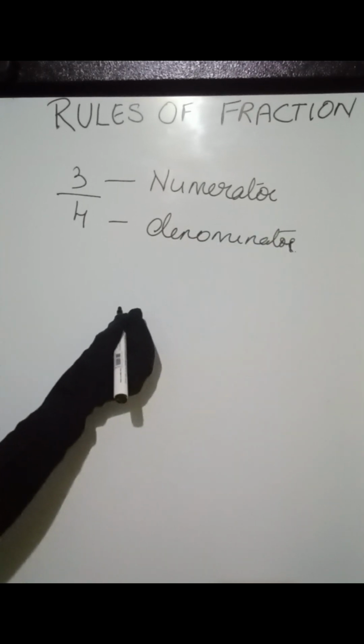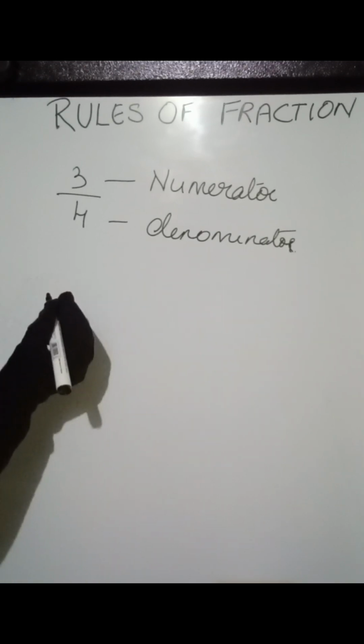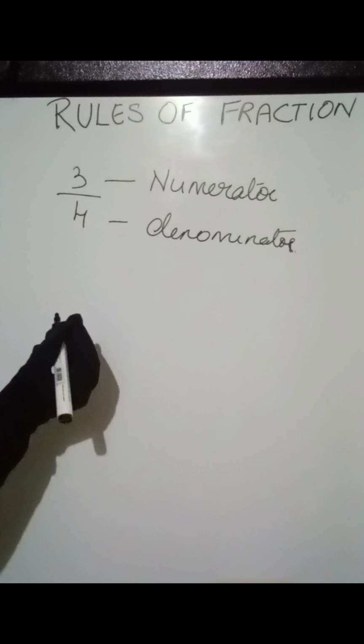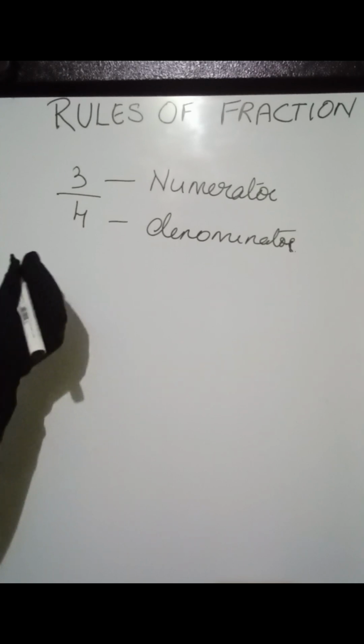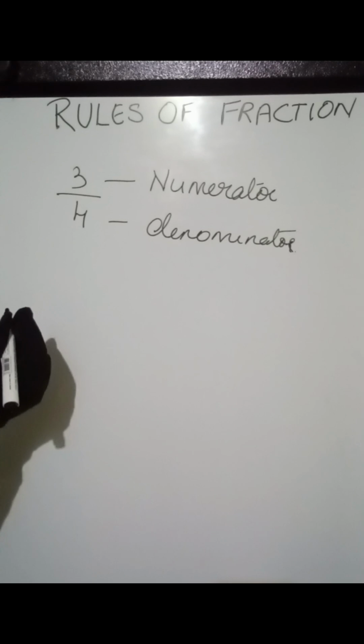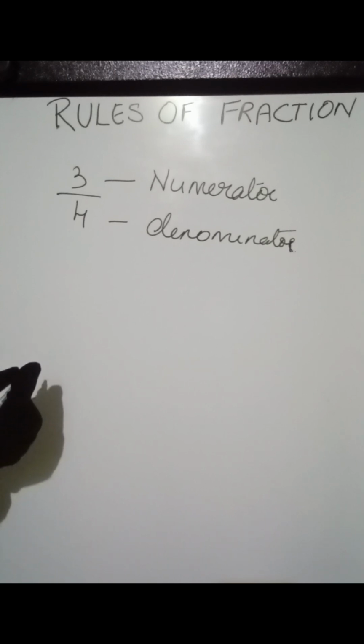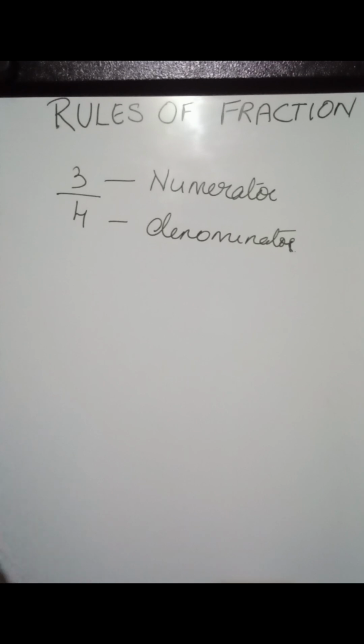Alright, so when we have to do basic addition, subtraction, multiplication of these fractions, there are certain rules to be followed. So we will start first with addition of fractions with common denominator.